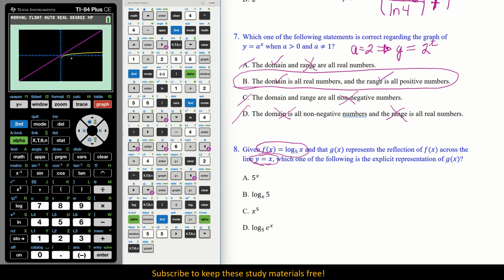Okay, you see what's going on. You have the bottom part where it's reflected. So we need the part that reflects over to the top. This should be familiar to you at this point. So the rule is, all right, let me get a different color. This log base 5 of x, the reflection of that should be 5 to the x, which is option A. But don't just believe it.